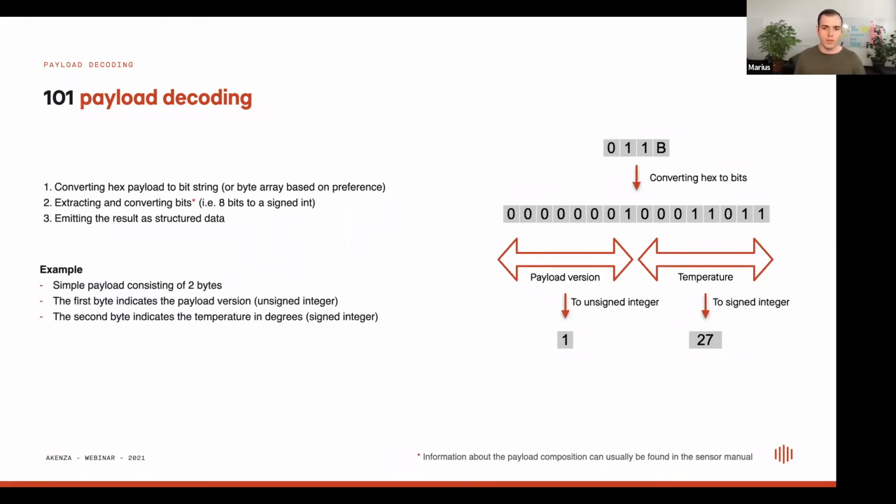The first 8 bits, meaning the first byte, contain the payload version. When we convert that to an unsigned integer, this yields 1. The second 8 bits contain the temperature. We convert that to a signed integer, this yields 27.